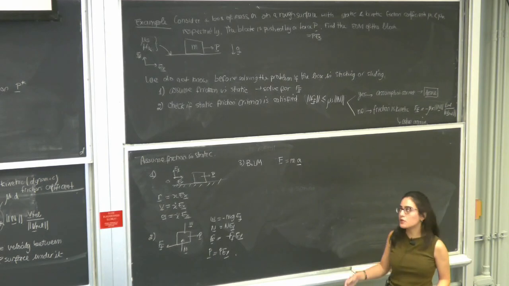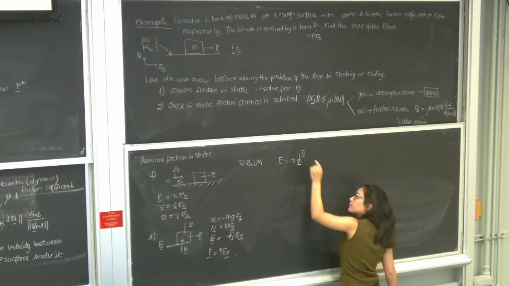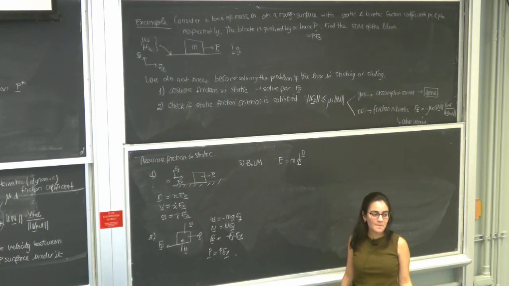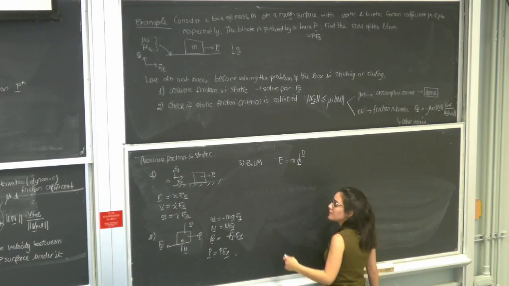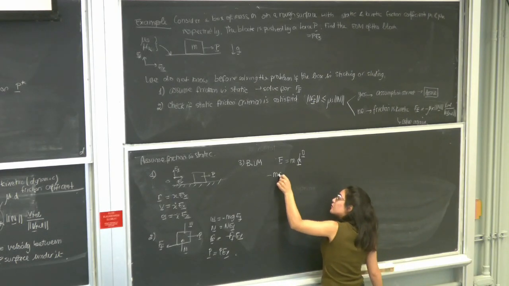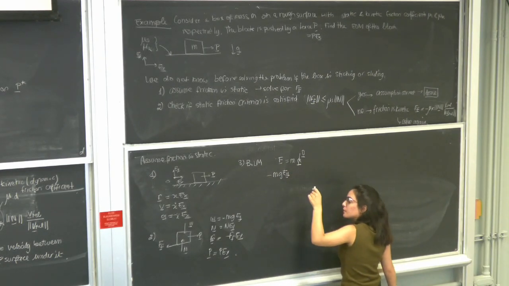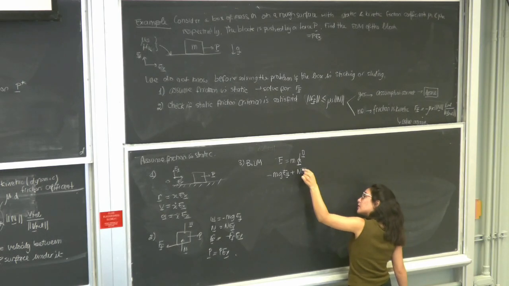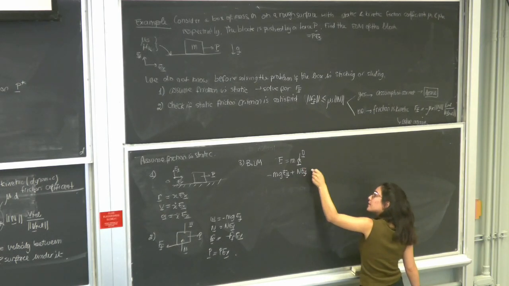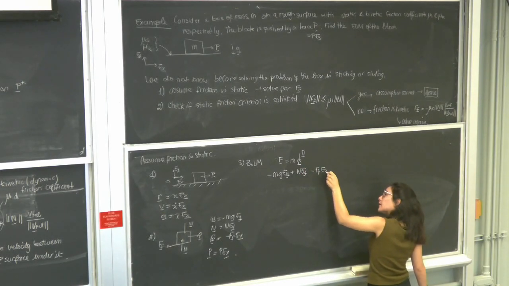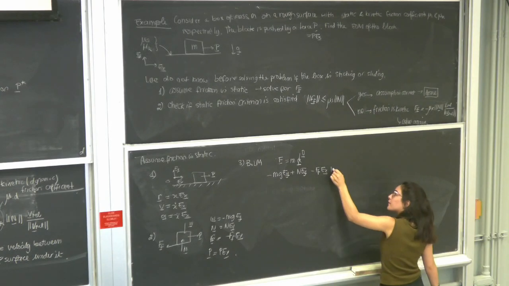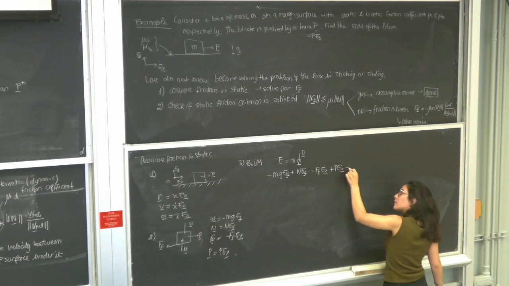The block is fixed to the surface. Does that make sense? Okay. Minus mg Ey plus N Ey minus Ff Ex plus P Ex is equal to 0.